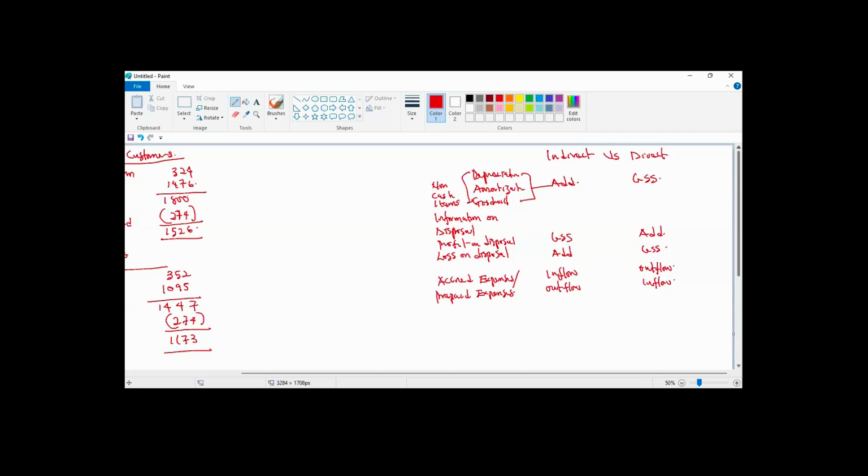Where are we lessening it in direct method? You will see it now in operating expenses. Okay, we are going to less anytime we see that. Any other question?